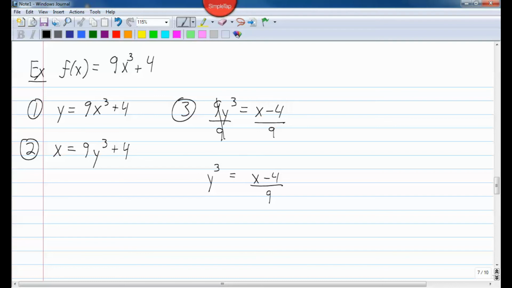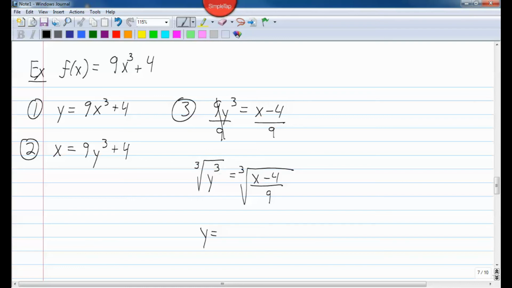So now, how do I solve for y? How do I make this y to the first power? By taking the cube root of both sides. I took the cube root because I had y cubed. So if I take the cube root of y cubed, I'm just left with y.